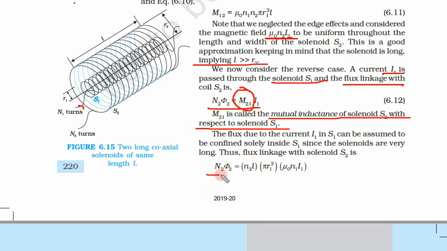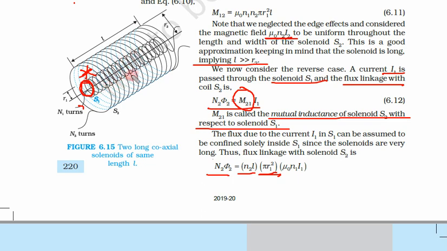So N2 phi 2. What is the value of this N2? N2 is very similar. We get N2L. Again, since the area of this smaller coil is common, we take the same area. Area will be taken the same because outside this coil there is no magnetic field.